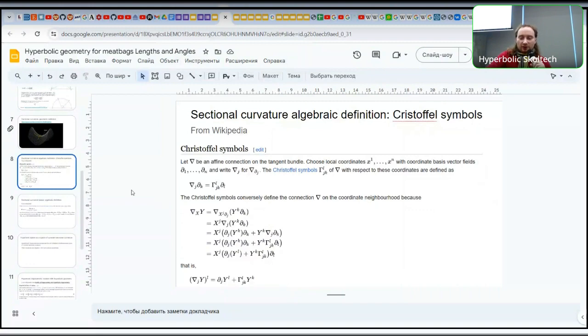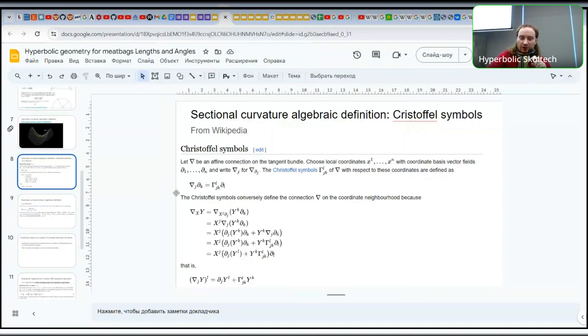Formally, you can compute the curvature of your coordinates with the so-called Christoffel symbols, which are defined like this. These Christoffel symbols are just coefficients for differentiation of one vector field across another.